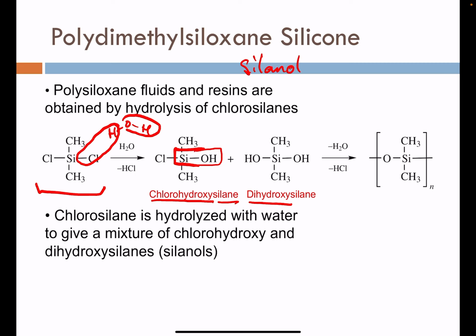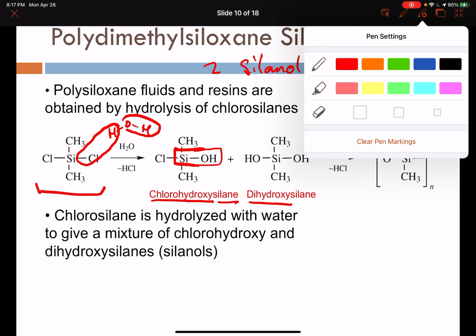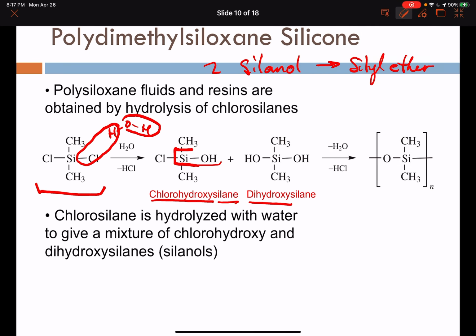And silanols are self-reactive, so if we have two silanols, we can form a silyl ether, which is the silicon equivalent of a carbon-oxygen-carbon ether. These silanols shown here can react further to eliminate water this time.